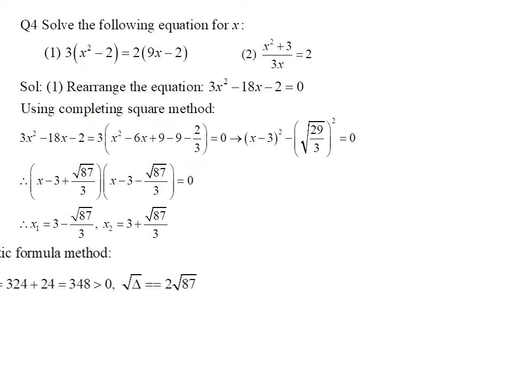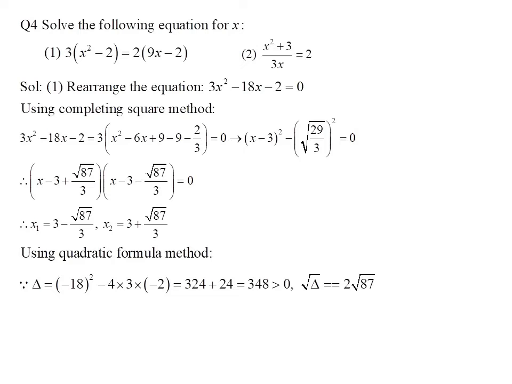Now, let's try to use the quadratic formula method. The first step for this approach is to calculate and check the discriminant of this equation, which equals 18 squared minus 4 times 3 times negative 2, which is 348.